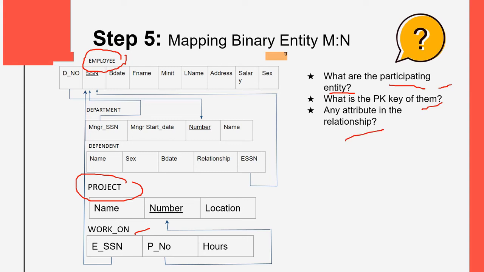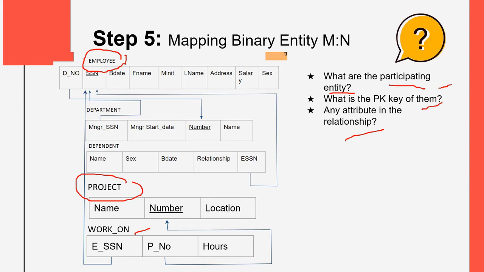Yes. If you see in the ERD diagram, there are hours as the attribute of the work on relationship. So we put this simple attribute into the corresponding relationship table here.